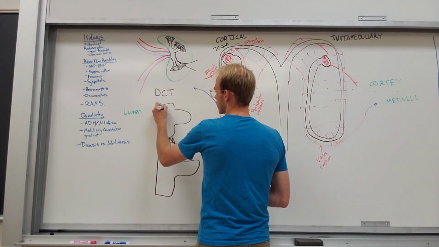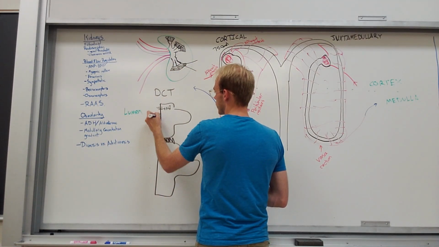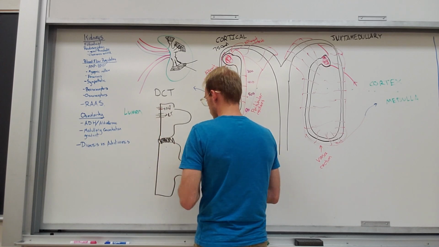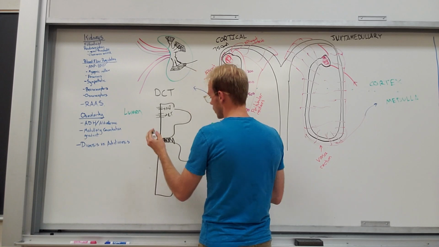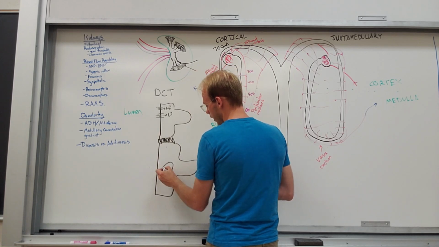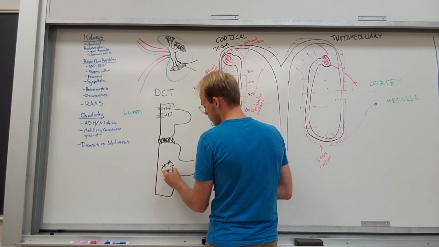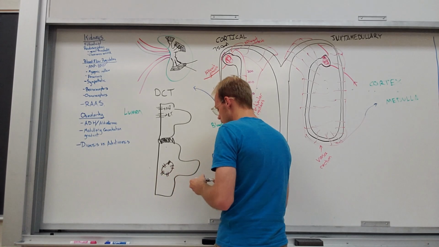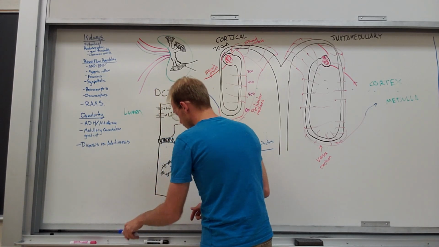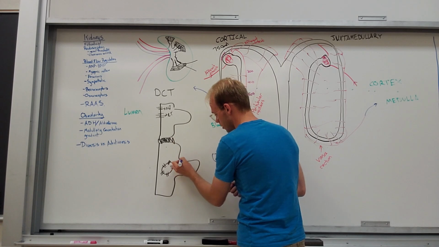So they'll still let some sodium in, and they'll still let some chloride in, but no water. But the interesting thing is inside they have kind of like this little, at least this is the way that I like to think of it. We're going to draw this.